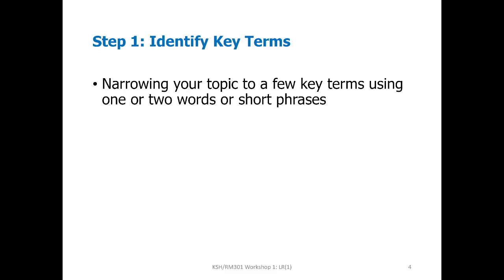Of course, before we conduct research, we have some ideas about the research topic. So we need to think about research topic. We narrow the topic down a little bit so that we can identify a few key terms. These can be one or two words or short phrases.